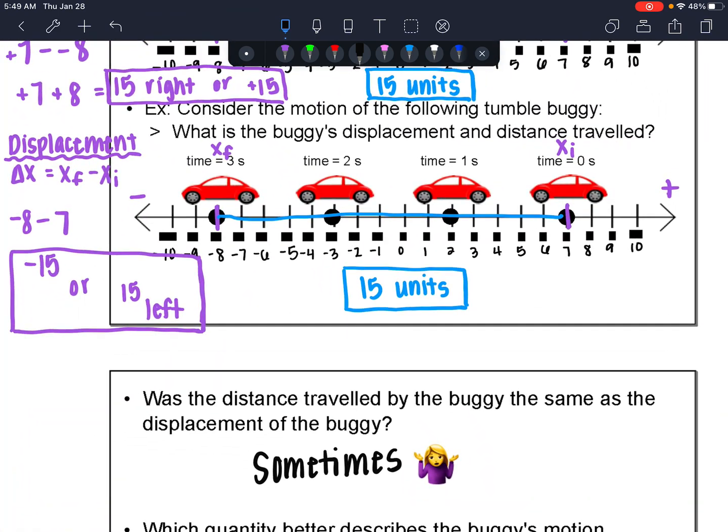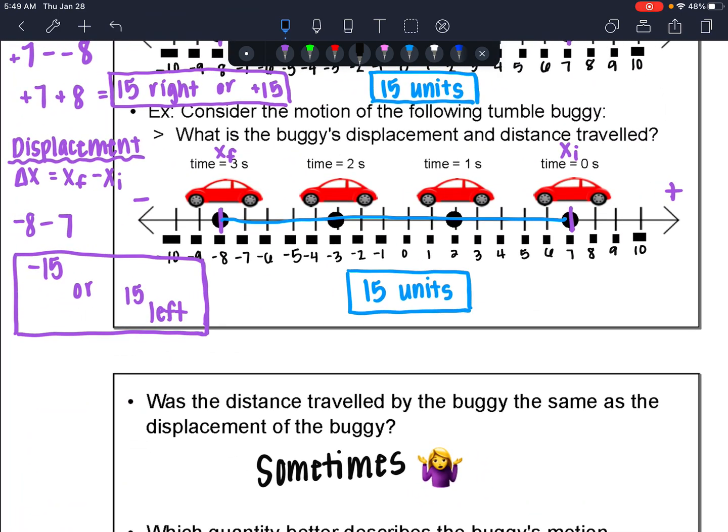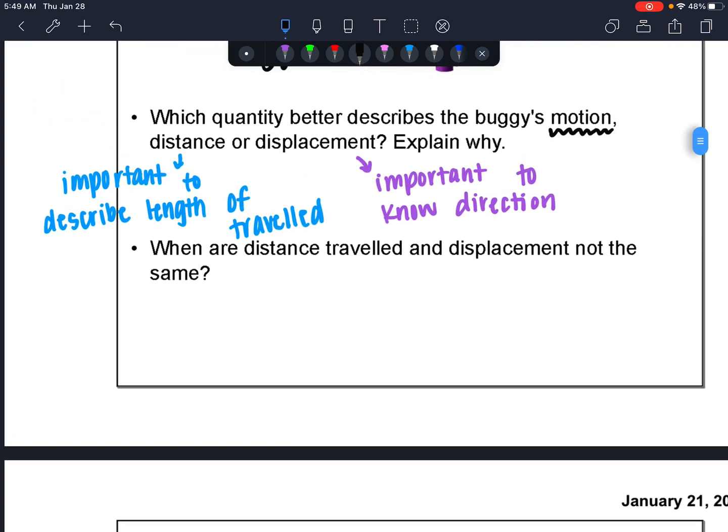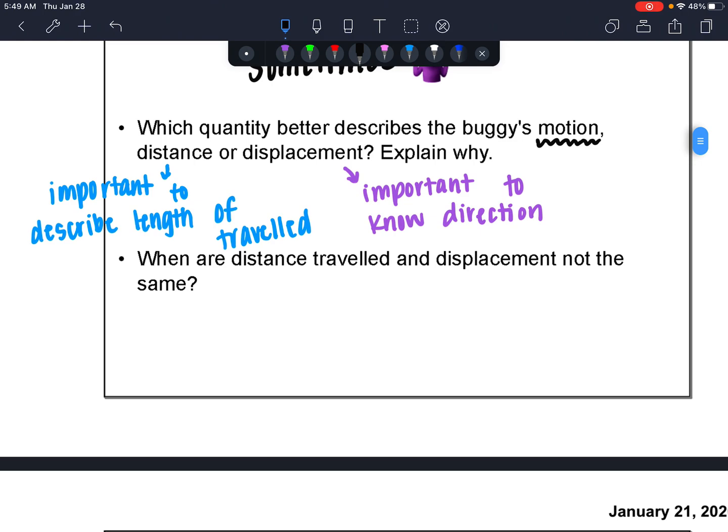And even here, you could kind of say that when the buggy was going backwards, excuse me, you could say that the buggy's displacement was different than the distance because it was going in the backwards direction. So I would say that they're different when an object moves backwards or goes in the backwards direction.